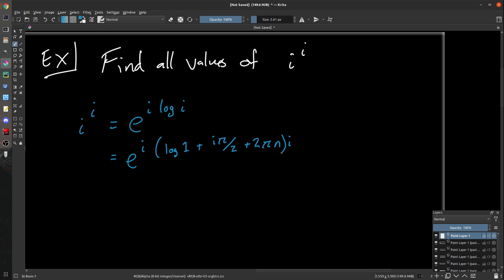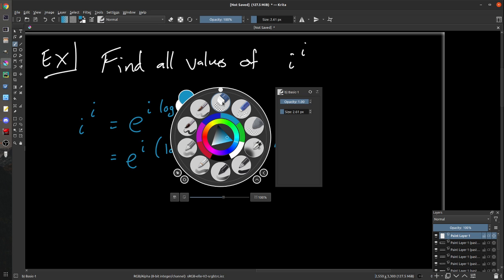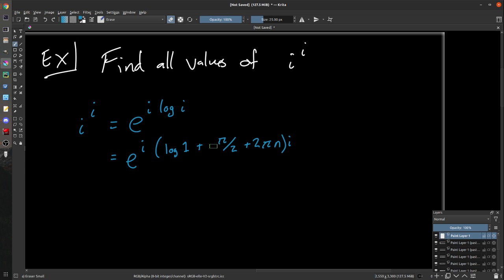Or you could just pull that i out of both of them and put it together and say, hey, pi over 2, that's where i is. It's the arg, the regular old arg. Or we could go for integer multiples of 2 pi past that, and this will do us there.